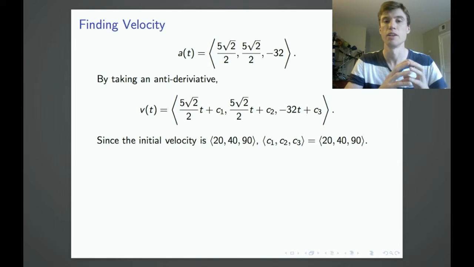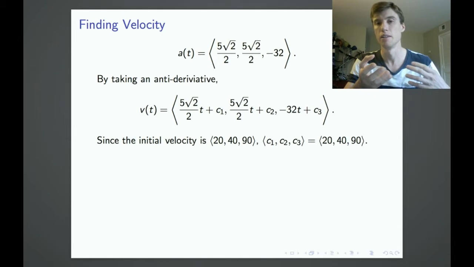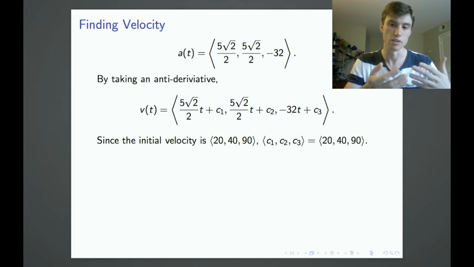It's just that when you evaluate each of these linear functions at 0, it is 5 root 2 over 2 times 0 plus c1, which is exactly c1. So v of 0 is exactly c1, c2, c3. So that's why you get c1, c2, c3 equal to 20, 40, 90, not because 20, 40, 90 is the initial velocity.